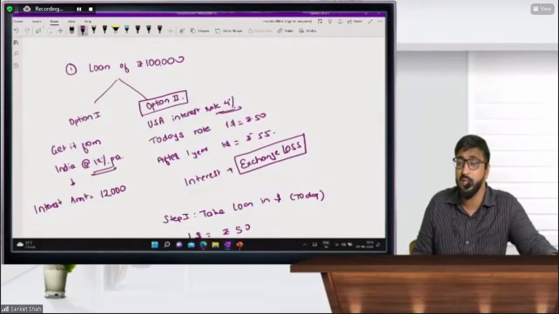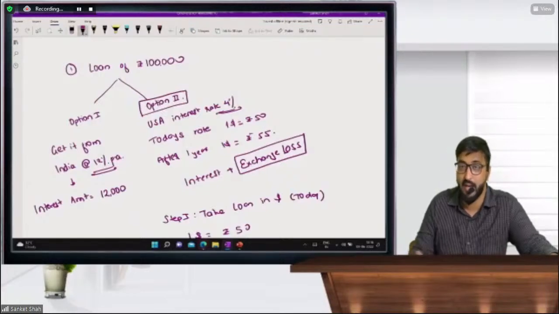And that is the only reason that you were attracted towards a foreign country, loan from USA. But at the same time, you thought you won't face any exchange loss. But here, as you are aware, the dollar is rising against our currency. So 50 rupees per dollar, now it's 55.